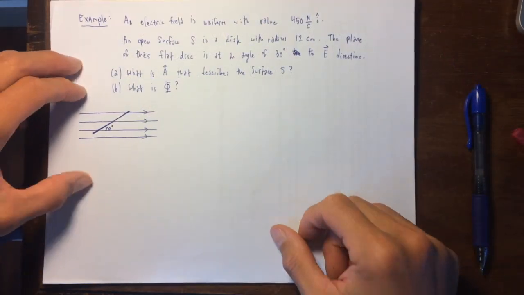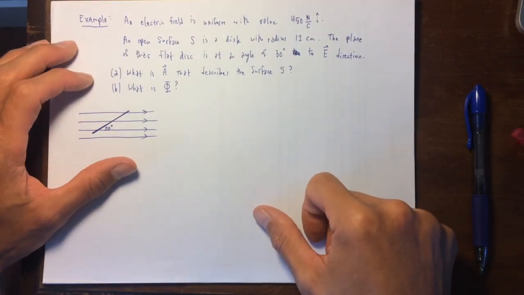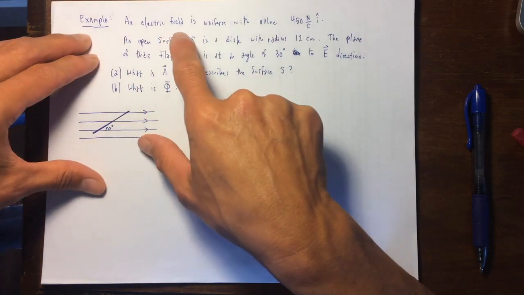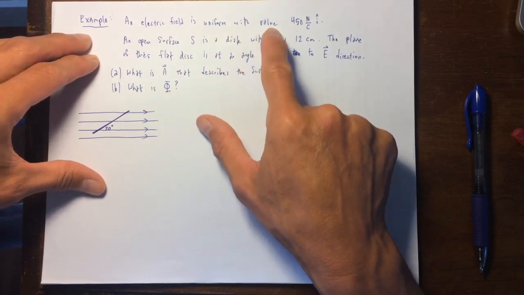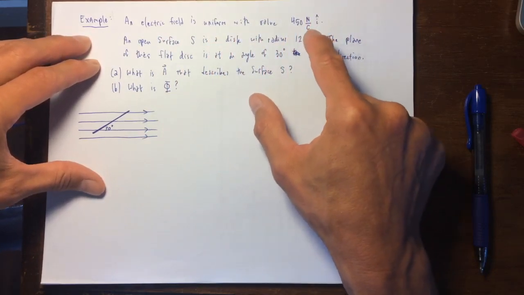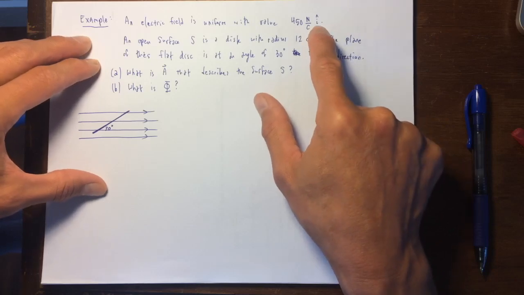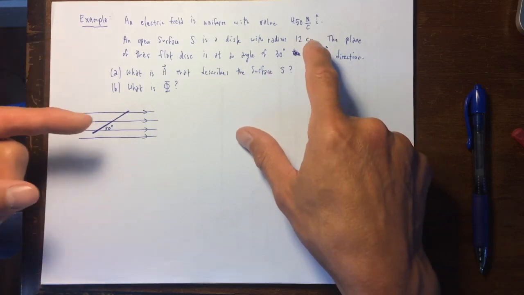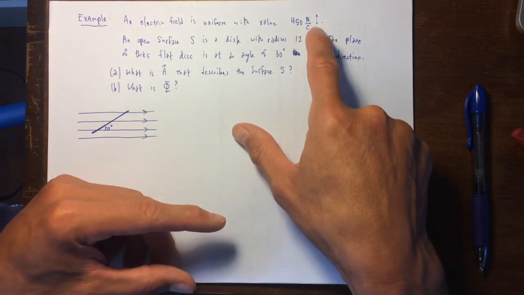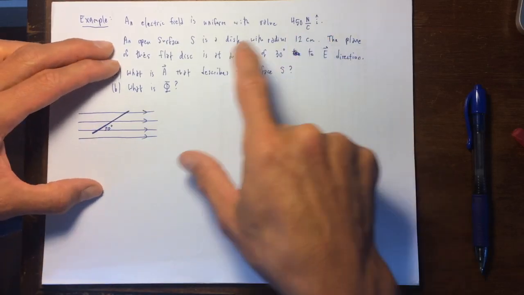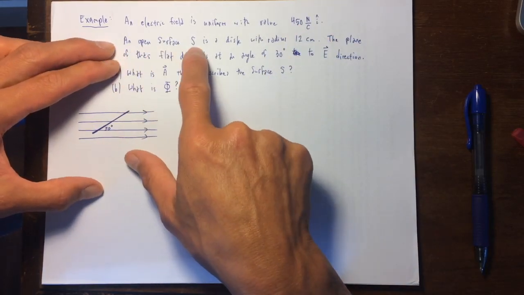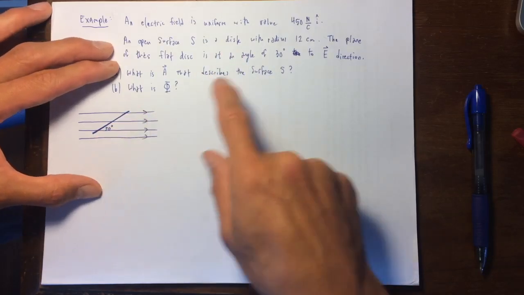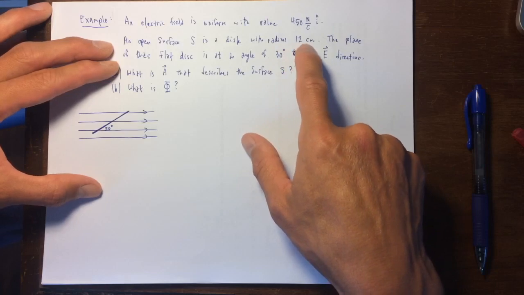Here's an example problem of calculating the flux of an electric field, given some information. It says an electric field is uniform with the value 450 newtons per coulomb in the i-hat direction. As a drawing, I'm going to use rightward as the positive i-hat direction, so that's the x direction. An open surface S is a disk, so this is the drawing of the disk, and it has a radius of 12 centimeters.